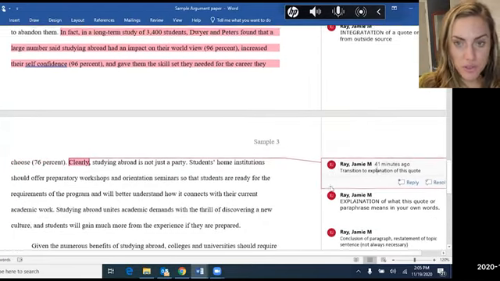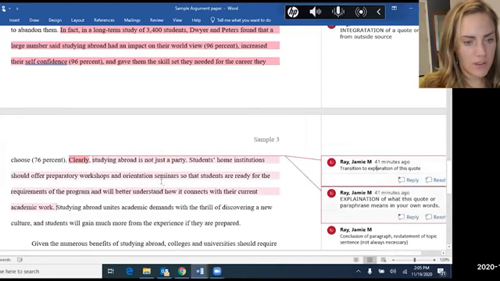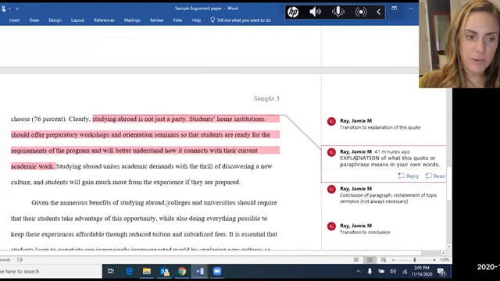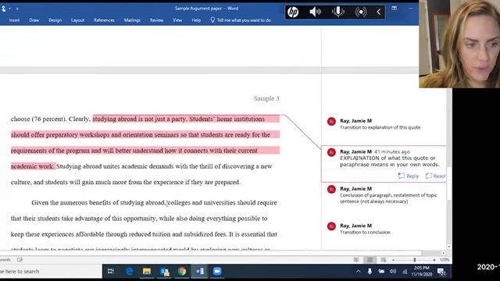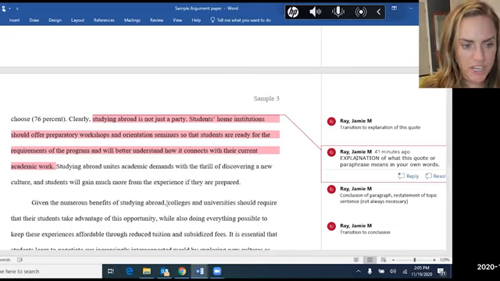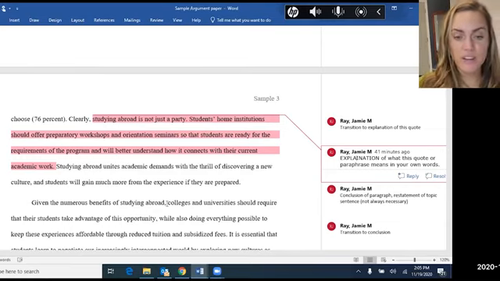So you transition to your explanation clearly. So this is another way you can transition. "Clearly, studying abroad is not just a party. Students' home institutions should offer preparatory workshops and orientation seminars so that students are ready for the requirements of the program and will better understand how it connects with their current academic work."